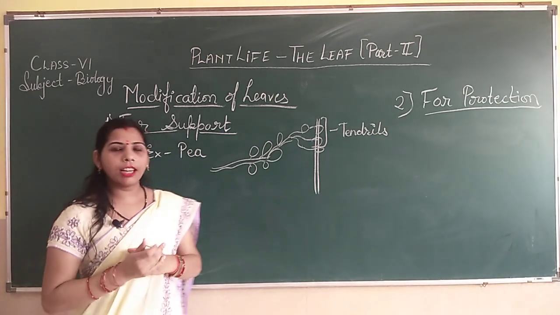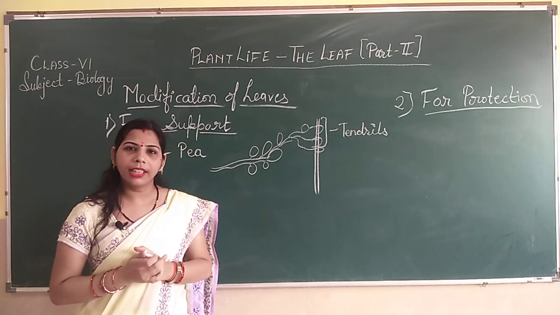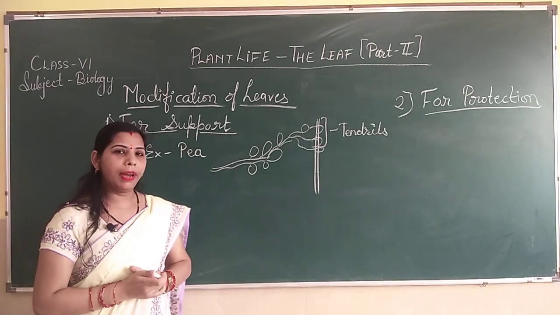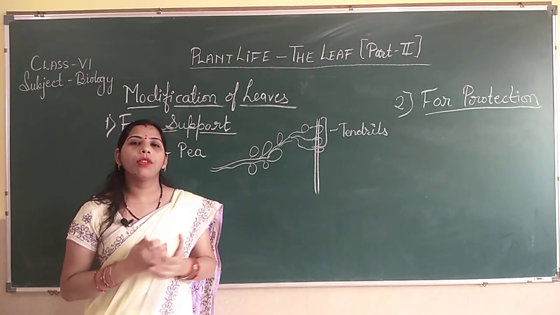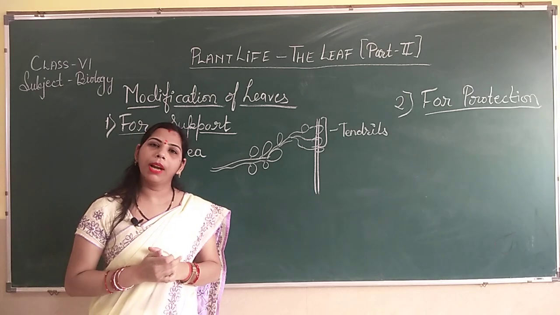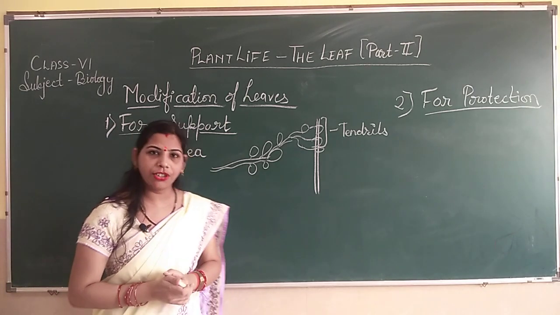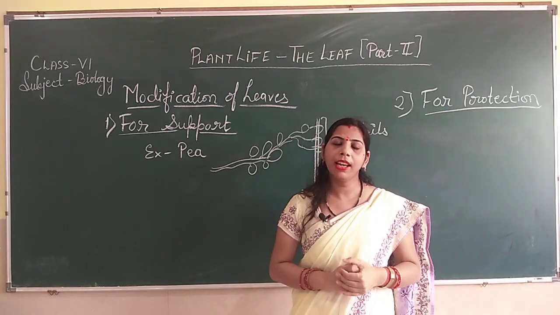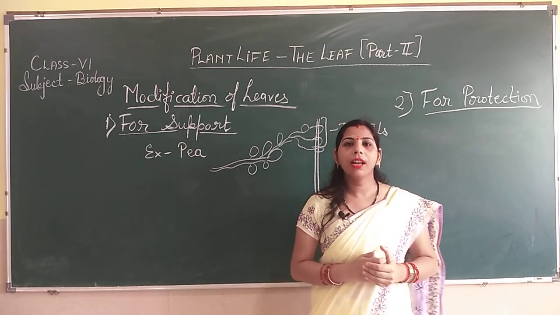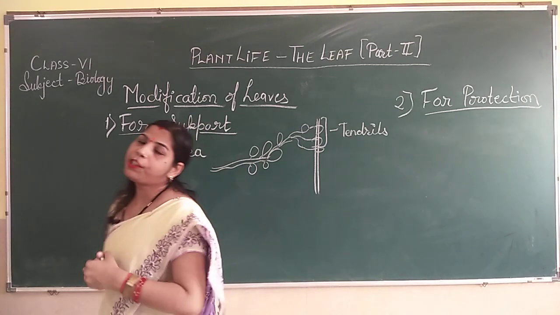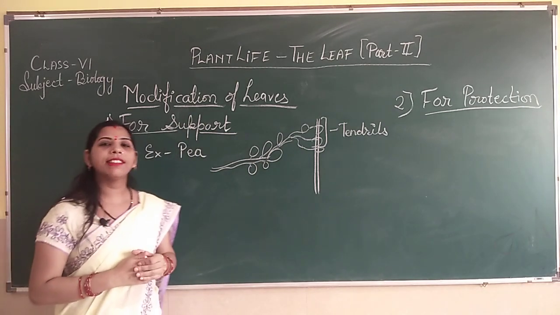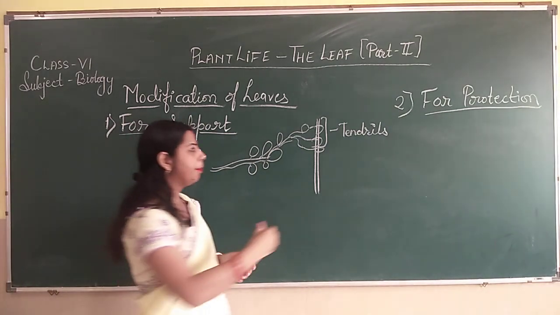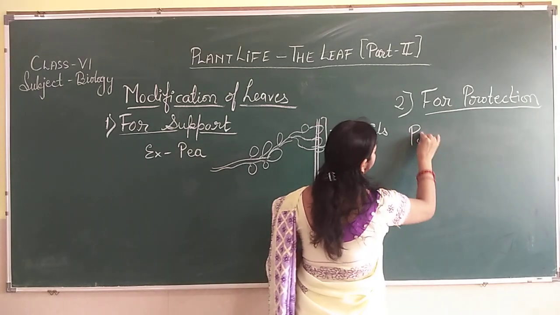In some desert plants, when the plants grow in the desert, they need to reduce the loss of water through the process of transpiration. That's why the leaves of plants are modified into spiny structures. One example is prickly pear.